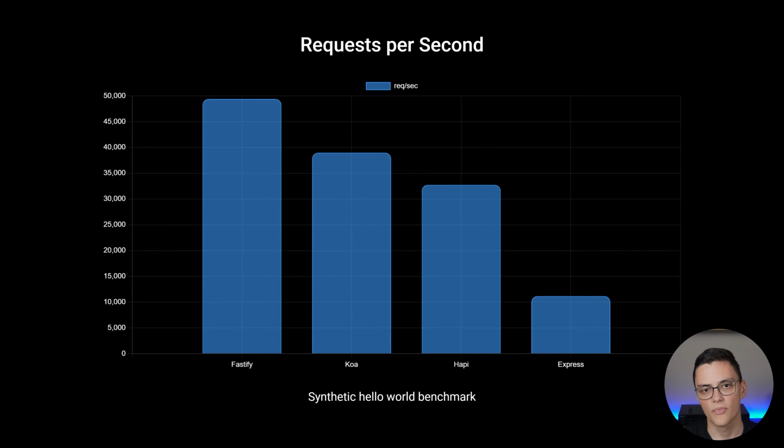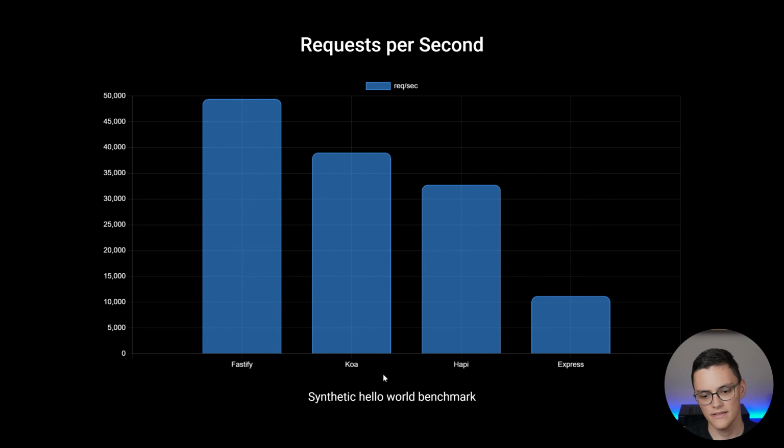This is a benchmark with a synthetic hello world request, and it shows requests per second that each framework could achieve when basically benchmarked with many requests. As you can see, Fastify outperforms all other frameworks, but most importantly outperforms Express vastly. While Express could achieve a little bit over 11,000 requests per second, Fastify achieved more than 49,000.